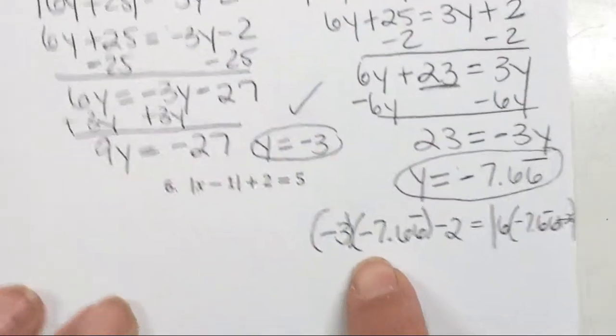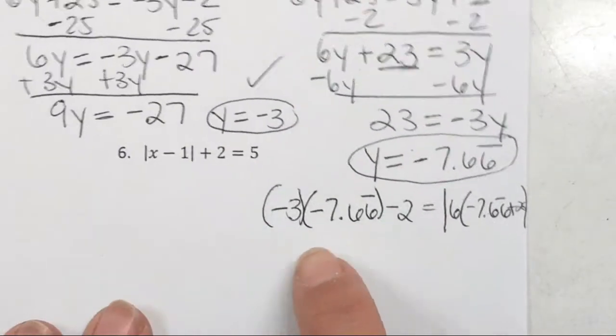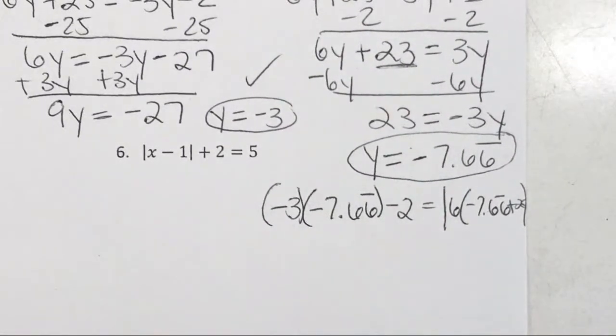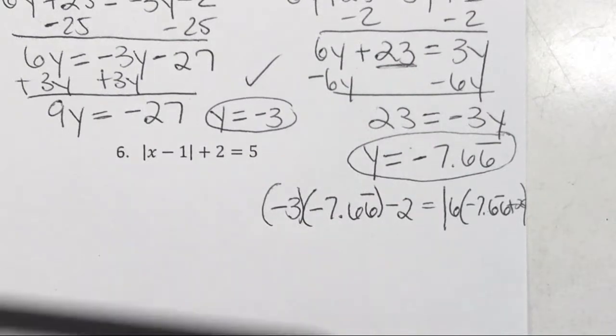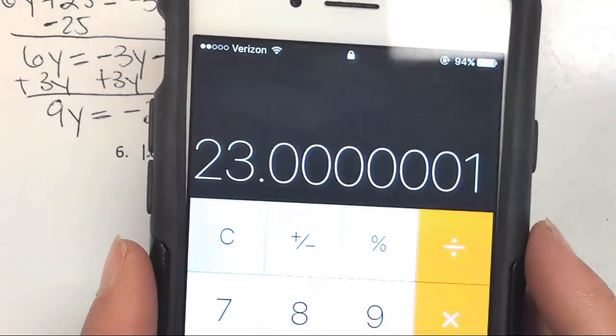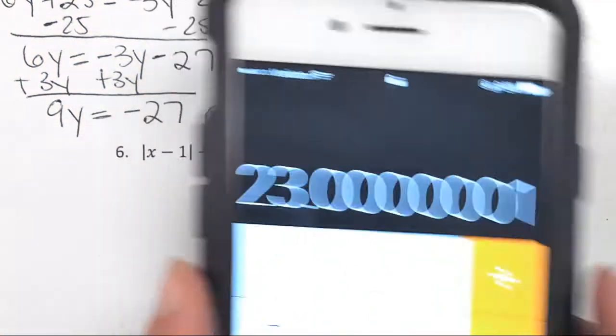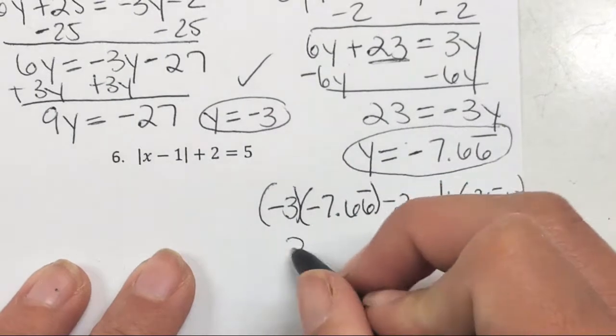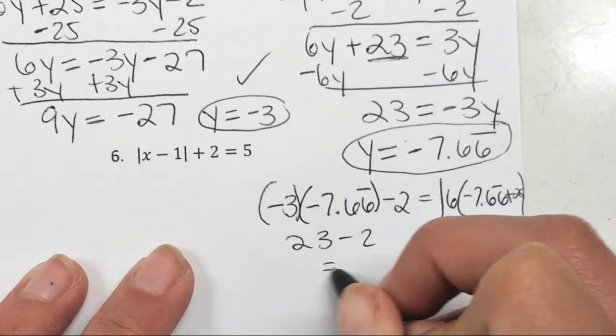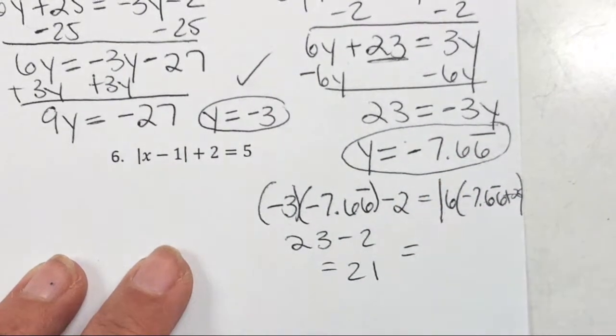Alright, what's -3 times this -7.66 repeating? 22.9. Alright, let me make sure. Mine rounded. If you don't round it, it should round to 23. What'd you say you got, Mackie? 22.9. Yeah, let's go ahead and round that to 23. So 23 minus 2 gives us what? 21. Now let's check this side.